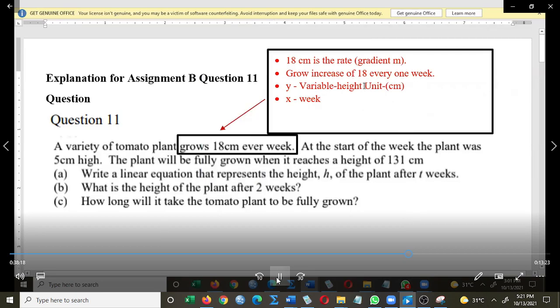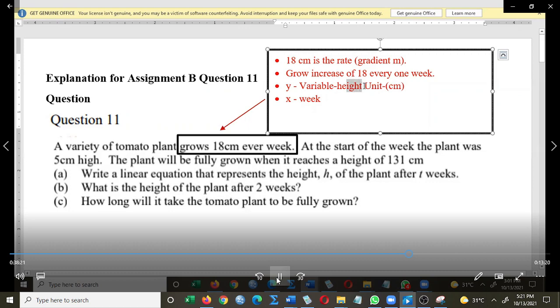Now, when it comes to x, what would be week? In terms of that language, for y the height is the variable and the unit is centimeters. For x, the independent variable is the time.